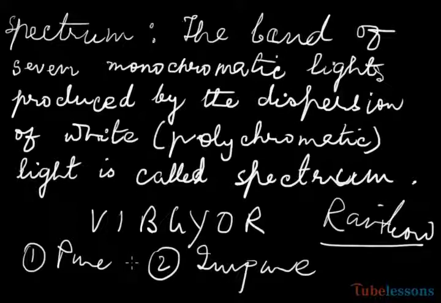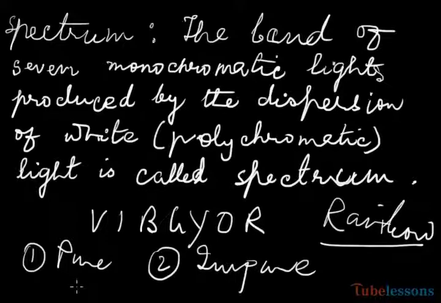And you keep in your mind the difference between pure and impure spectrum. Difference is that in pure spectrum, the monochromatic lights are arranged distinctly, separately, and in their own position according to refrangibility. In impure spectrum, the 7 colors of light are not arranged distinctly, separately, in their own position according to refrangibility.